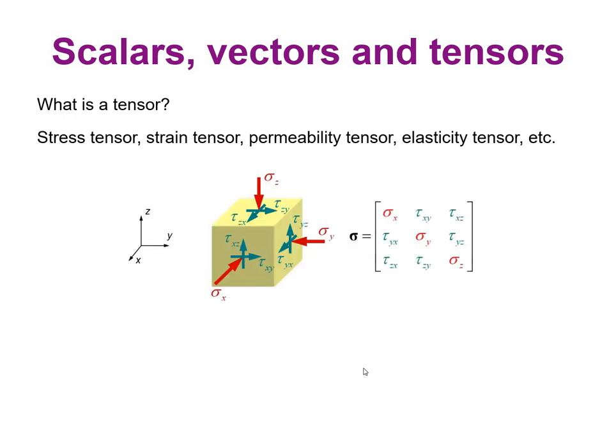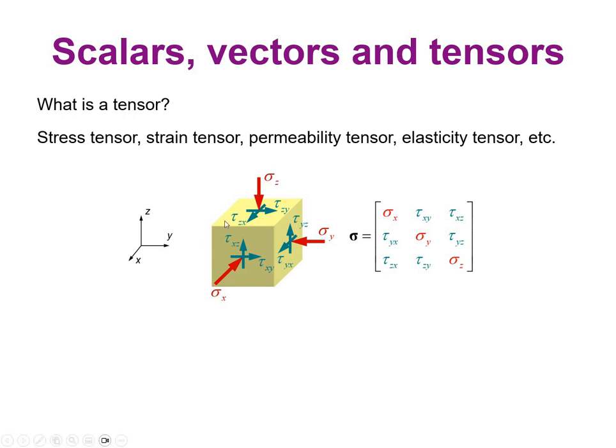So a tensor, in the particular case of the stress tensor, is an entity that is referred again to the orthogonal coordinate system x, y, and z, but it's referred to the state of stresses at a point of a soil mass, for example, if we are dealing with geotechnical engineering.